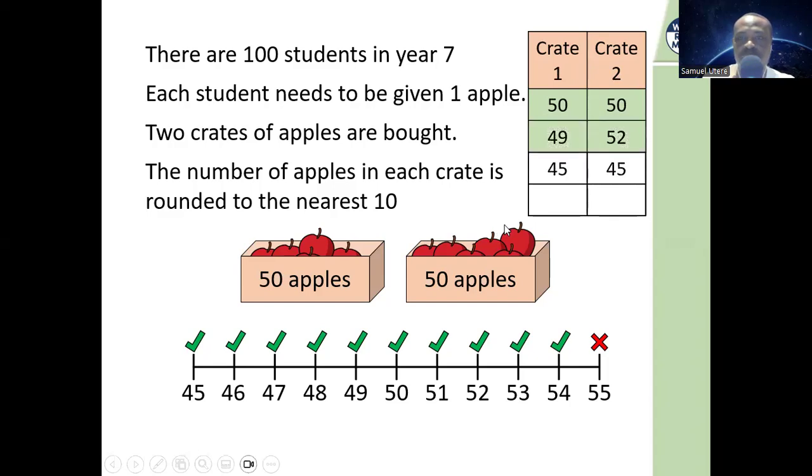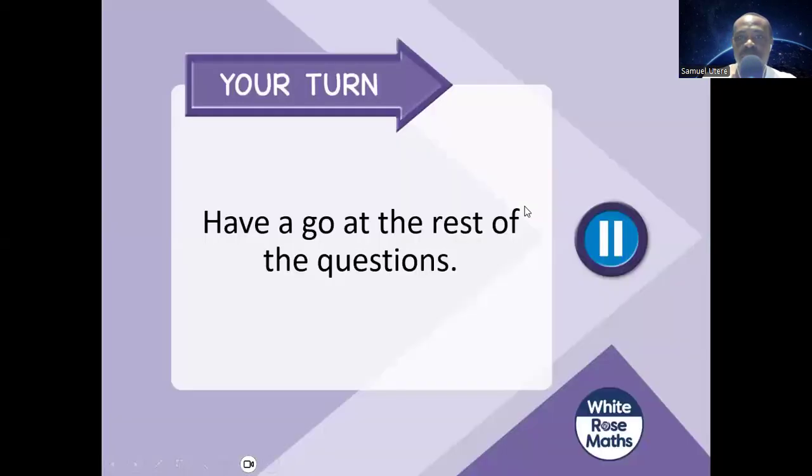We still have not enough because here, yes, we can round it to 50, but the actual apples will be 90. And that would not work either. So these are the combinations that we could have to give the students apples, one each.